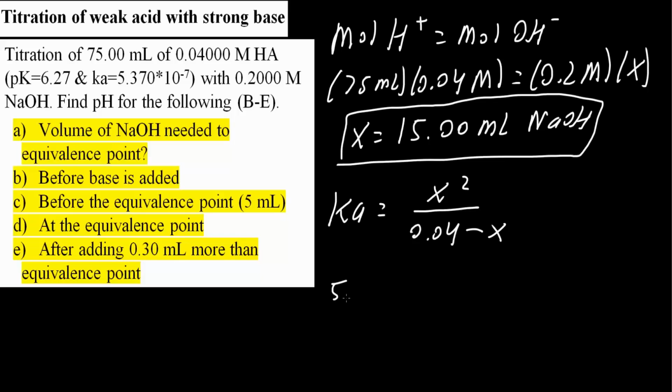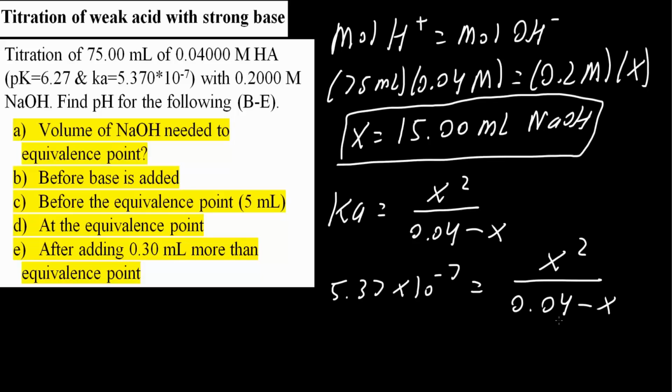So 5.37 times 10 raised to negative 7 is equal to X squared divided by 0.04 minus X. Now we will solve for X, and X would be our H plus value.